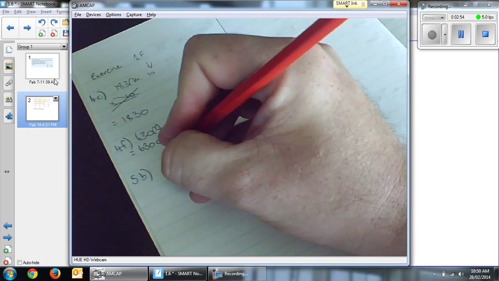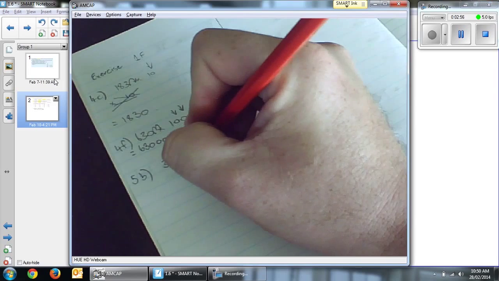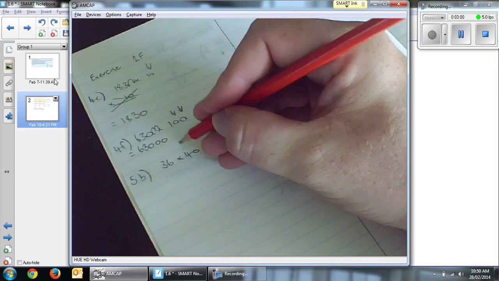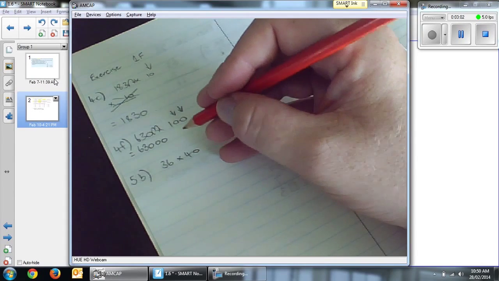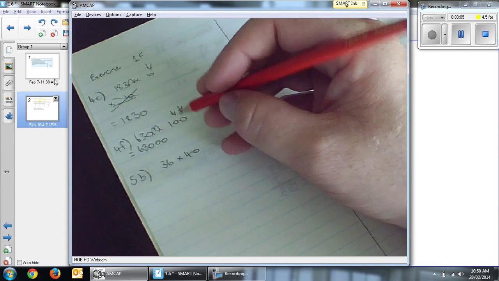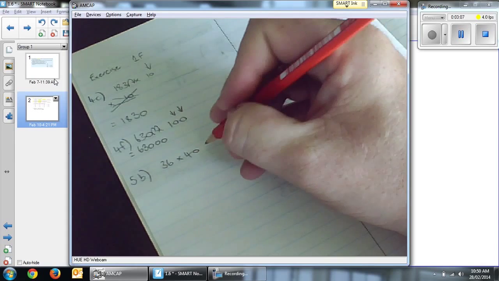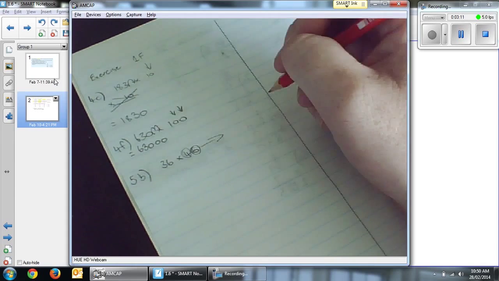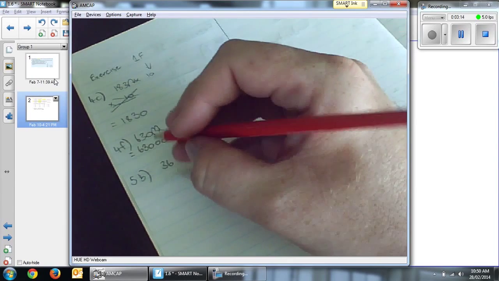So we've got 36 times 40. Now when you're multiplying by a number that is a 10, so like 30, 40, 50, or hundreds, or 200s, or 300s, that has zeros after the initial number, you can actually move this 0 to the side for the moment and just do 36 times 4.